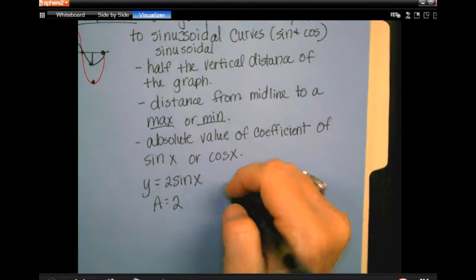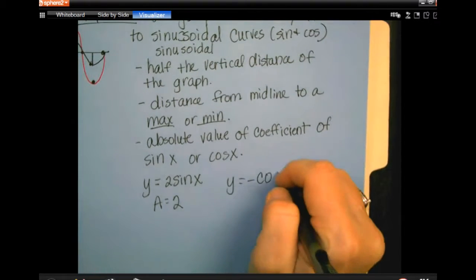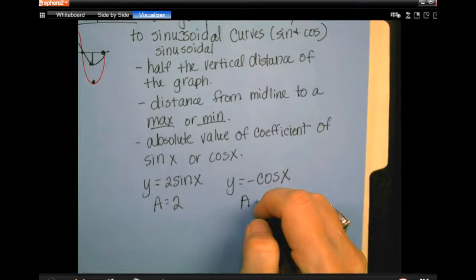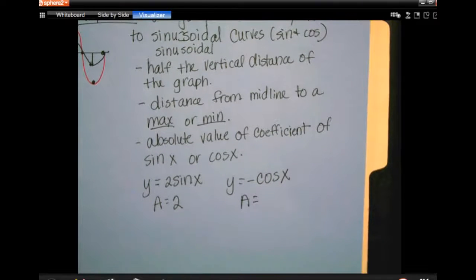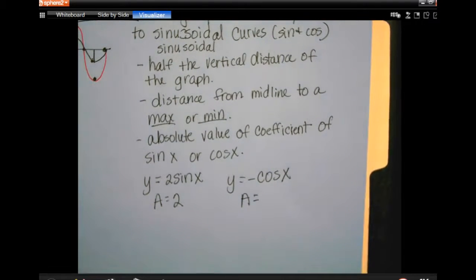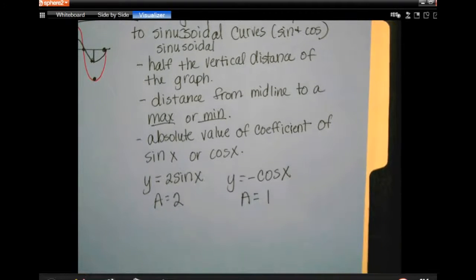So if I said this, I want to know what the amplitude is here. What's the number one thing that we wrote down under amplitude? Look at your paper. So what is the amplitude here? It's 1.